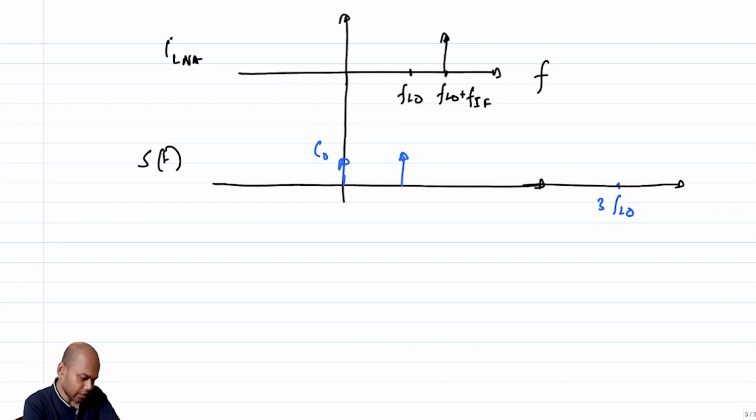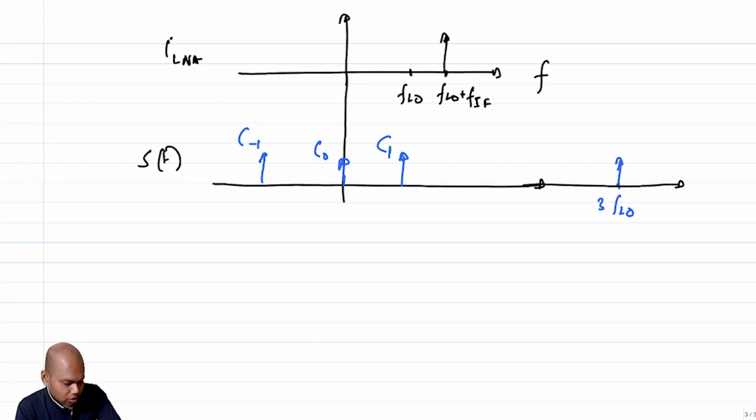Similarly, on the negative frequency side, I call this C1, and on the negative side I'm going to have a C negative 1, and something at C negative 3, and so on. We earlier saw that the magnitude of C1 is identical to that of C negative 1.